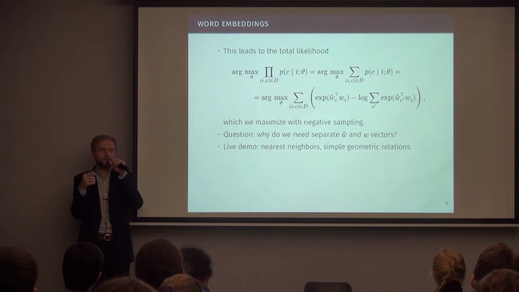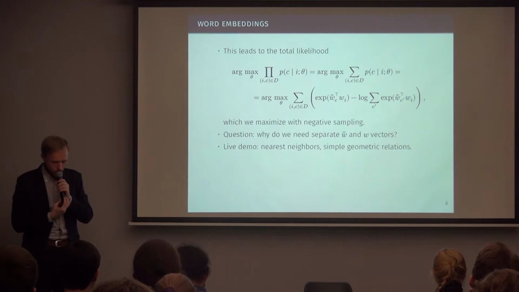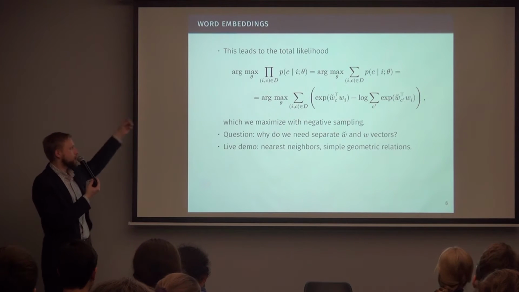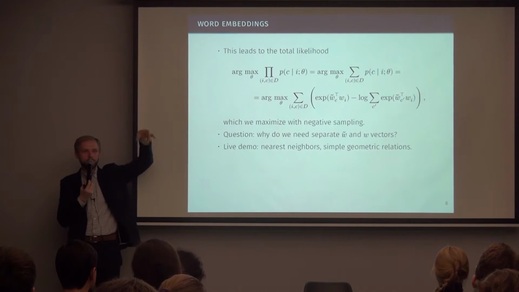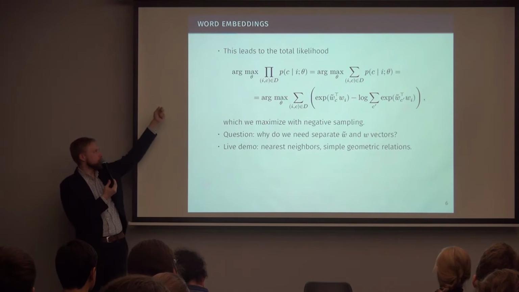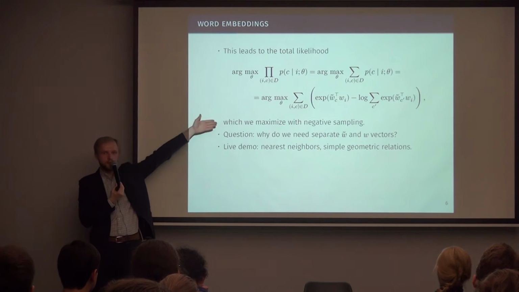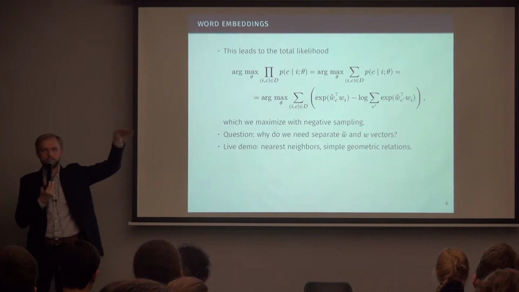The context vector is also a vector representation for the word, but we use the W vectors when we are speaking about the word as a central word in a window, and we use the tilde W vectors when we speak of words in the context.